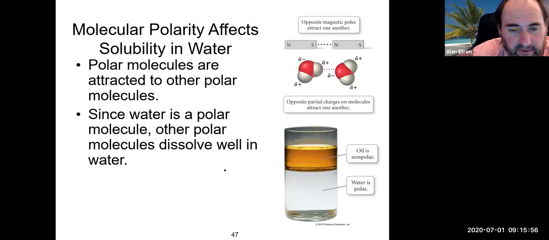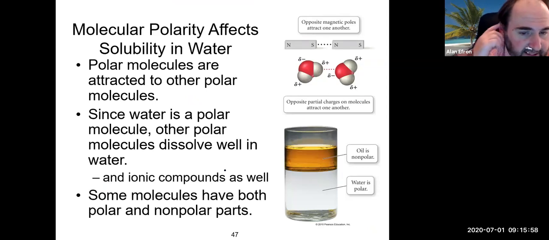Now, molecular polarity does affect things like solubility in water. Since water is polar, usually polar molecules and polar molecules are attracted to each other, and it's really because they have a way to interact with each other.